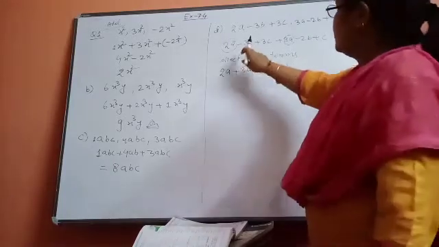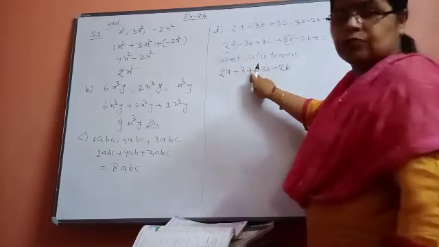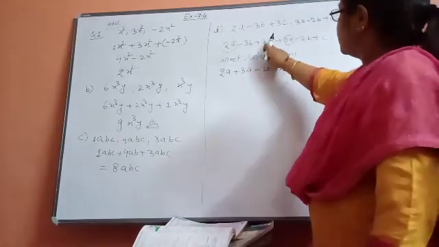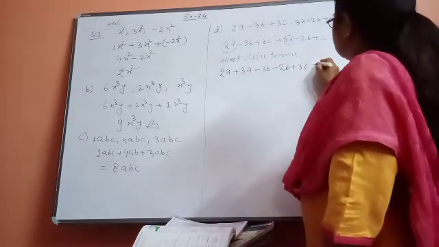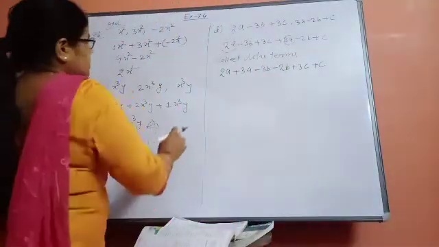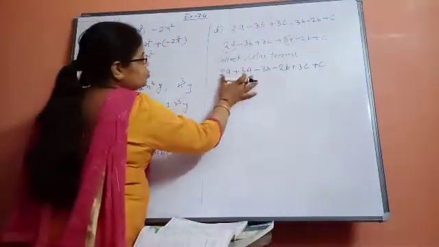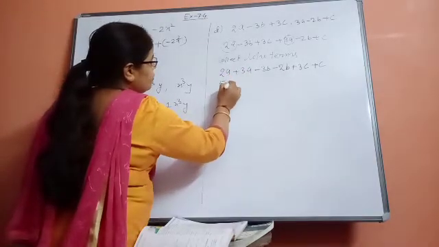Directly you cannot write 3b because before 3b a minus sign is there, so you have to write that sign also. Here 3c is there, so a plus sign is there, so plus 3c and plus c. Now see that, beta. These two are like terms, so we can add them. 3 plus 2 is 5, 5b.